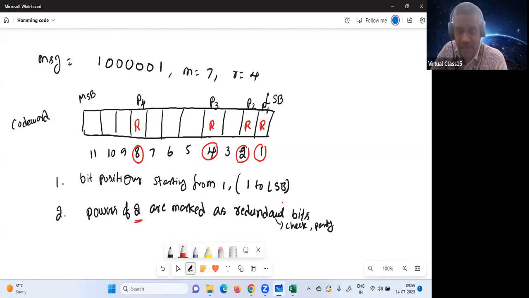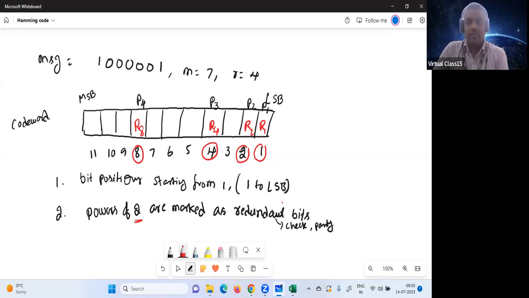The first parity bit is in the first position only. So in the R notation, R1, here 1 tells you the position of the redundant bit. Here 1 tells you the serial number 1, 2, 3, 4, 5 and so on.